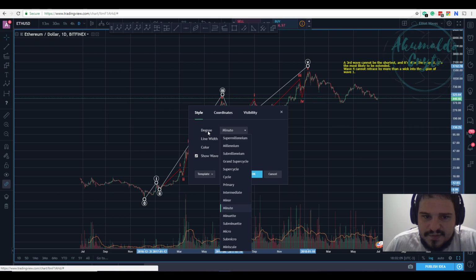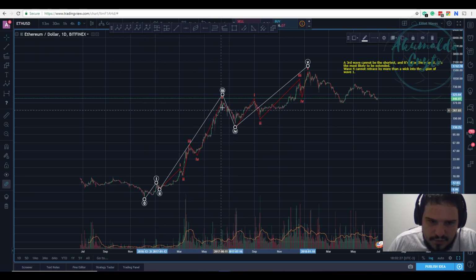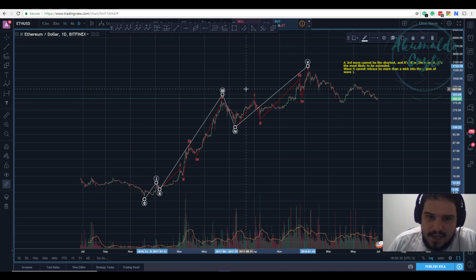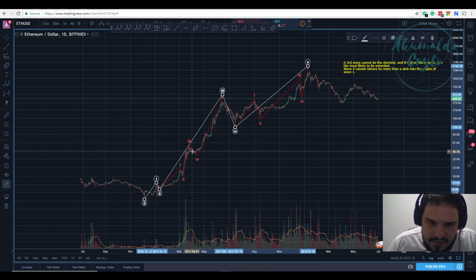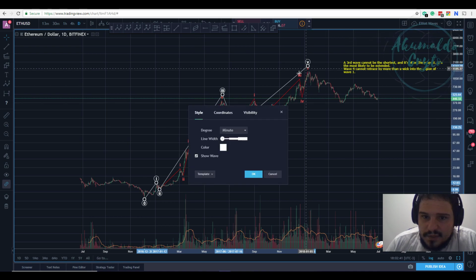Because waves that are taking longer, talking about the length of time that it's spent going on, like this wave 1, 2, 3, 4, 5, this white one here, it's a higher degree than those inside of it. So you have a hierarchical structure, and then you need to change it here.